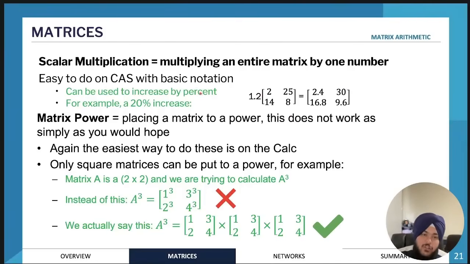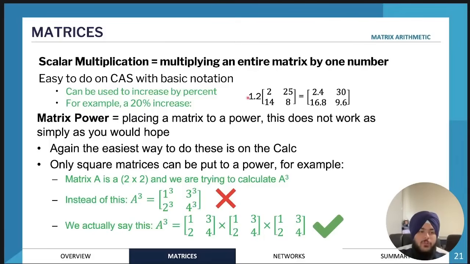However, if this was a matrix multiplied by a matrix, then that would be matrix multiplication, and you would have to use the other method that we just went through a few slides back. So when you're doing scalar multiplication, all you need to do is multiply each element by the scalar, essentially. So for example, here, the scalar is 1.2, so you'll need to multiply each element by 1.2, and that will be your product matrix.